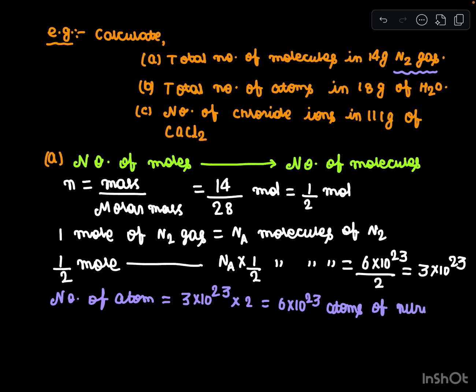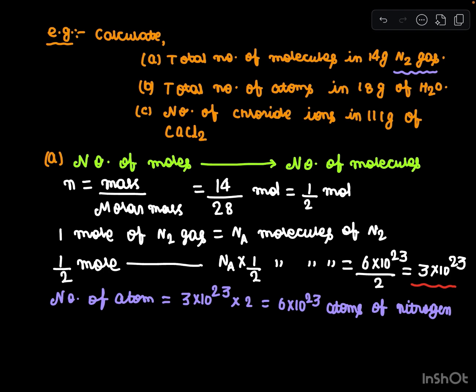This was the number of molecules of nitrogen. One molecule of nitrogen gas contains 2 atoms, so the total number of atoms is the number of molecules multiplied by 2.